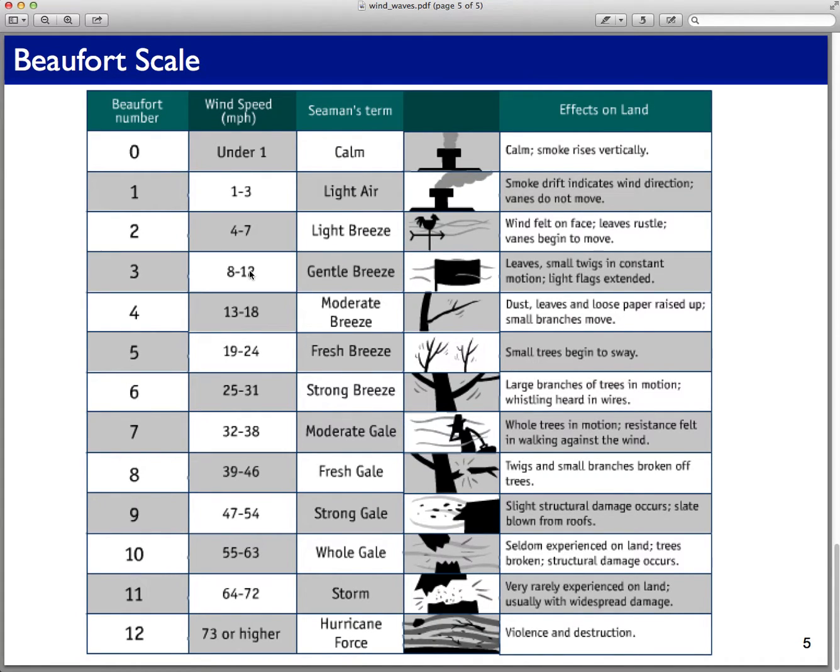And here you see sort of guidance for typical miles per hour. So sea breezes in our area are considered moderate, or more likely a fresh breeze. And these are what you would observe on land. There are also images on the web to see what you observe from a ship. This is the Beaufort Scale.